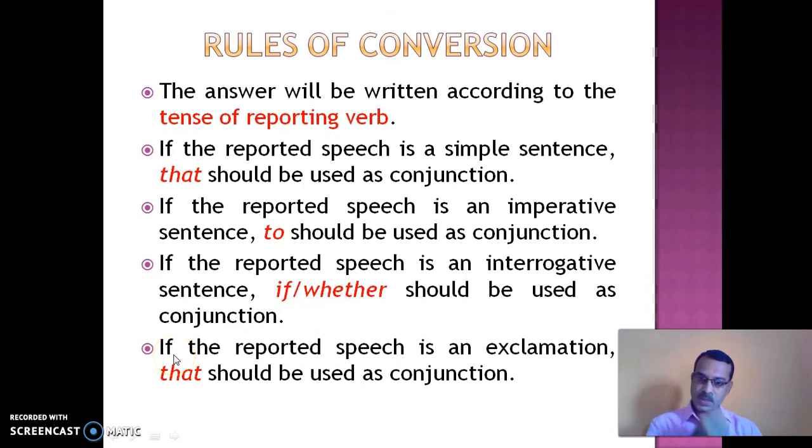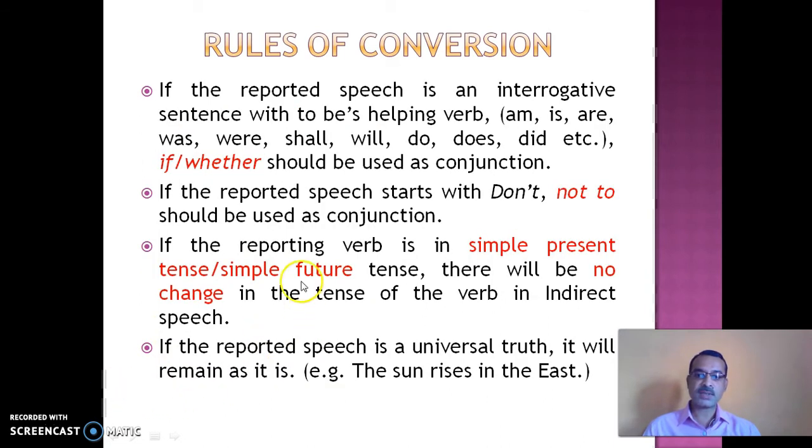If the reported speech is an exclamation, we know the sentence ends with an exclamatory mark. In that case, we have to use the conjunction "that" to join those two sentences. These are some of the rules. Let's have a look at some more rules. If the reported speech is an interrogative sentence with a helping verb, previously we were talking about the interrogative sentence starting with WH words.